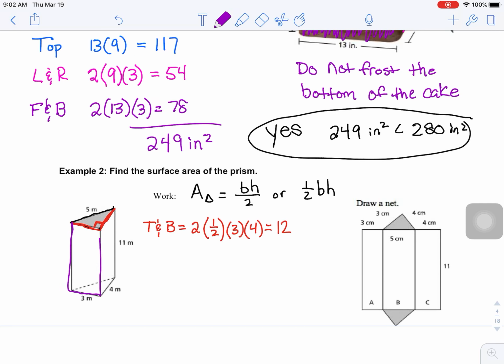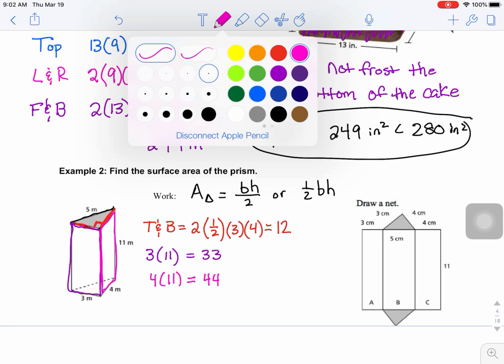So if I'm looking at this side now that's in purple, that would be a rectangle, which is 3 by 11, which gives me a total of 33. If I look at the side here in pink, this is 4 by 11, which gives me a total of 44.